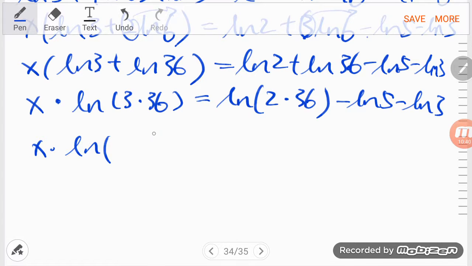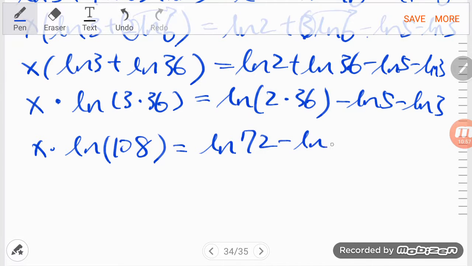x multiplied by ln 108, the left-hand side, I'm not doing anything to it. And this becomes another division. So instead of dividing by 3, I'm going to say multiply by 1 over 3. Sometimes it's easier to write it this way. So I can see that the 3 and the 72, there'll be stuff that you can simplify. So that'll be 24, I believe.